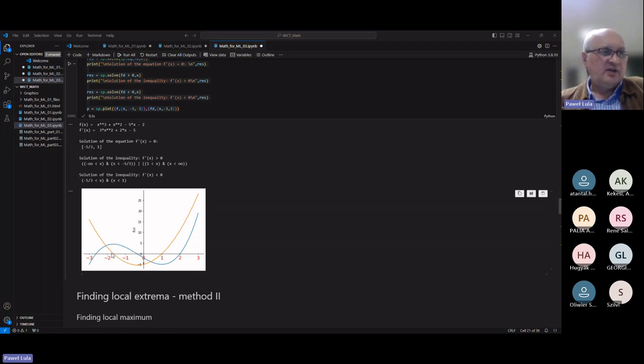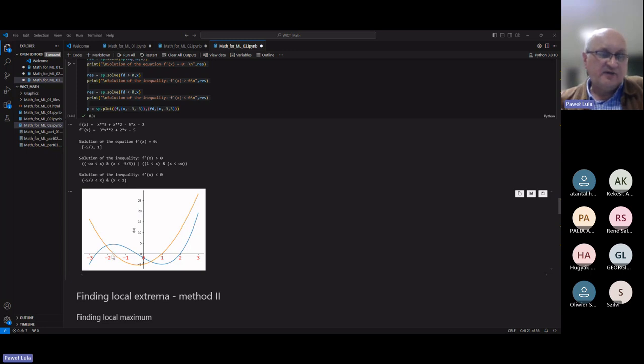And I know that positive values of the first derivative are here, negative are here. It means that at this point, the first derivative changes its sign from positive to negative.